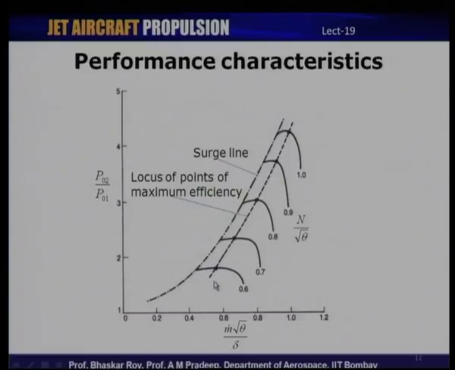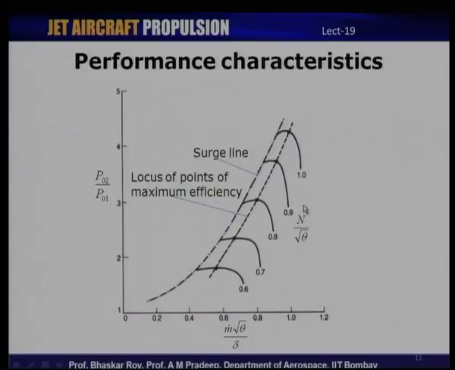Now, the surge line is the locus of all the points on these performance characteristics which correspond to the surge point, which we had discussed for a single characteristic. If you join all those points, we get what is known as the surge line. What we also see is that on the right hand side, especially as we go towards higher speeds, we have a very sharply drooping characteristic, which is because of choking.